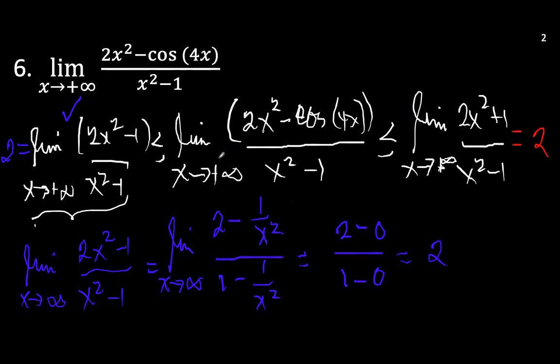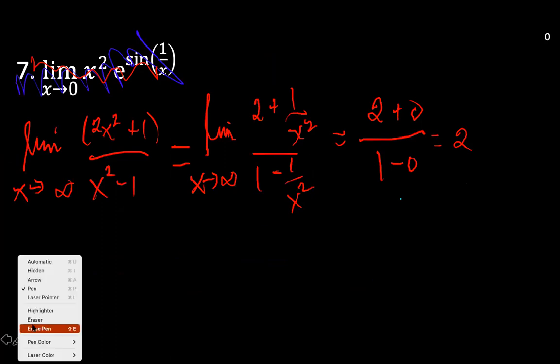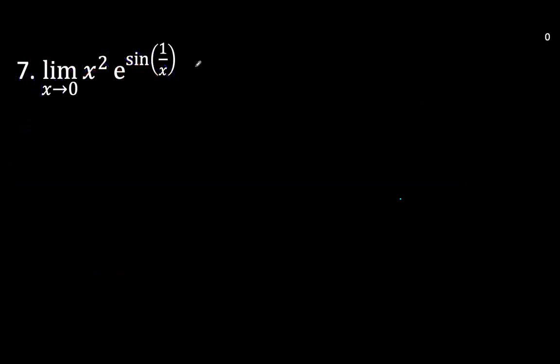Therefore, this expression is sandwiched by the values 2 and 2, and since there are no other values between 2 and 2, which is just 2, the limit here is equal to 2. Once we evaluated this function, the answer is equal to 2. That's how we solve limits using the Squeeze Theorem or Sandwich Theorem. I hope we got the same answer.